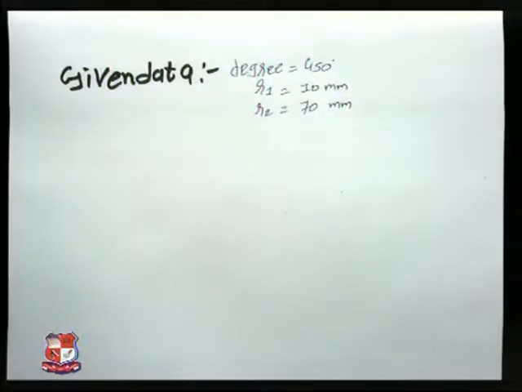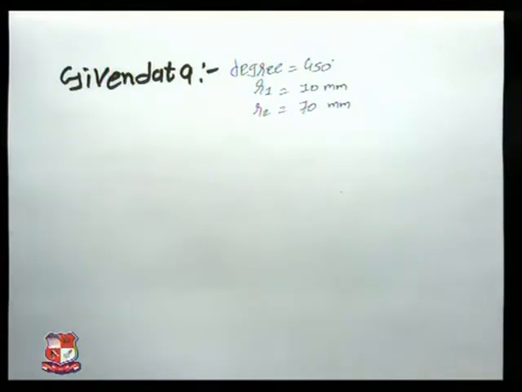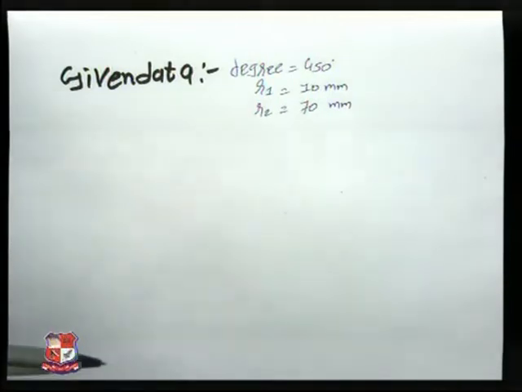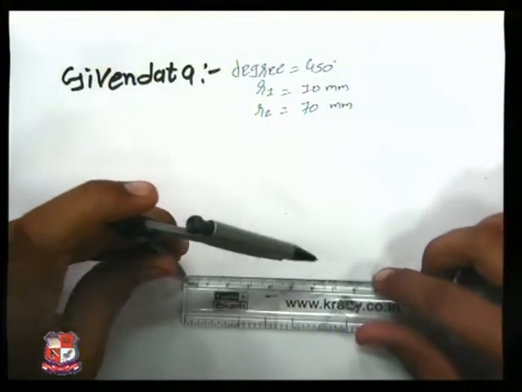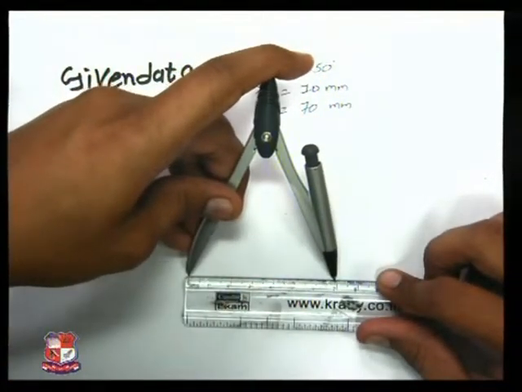First of all, we will draw a circle of 70 mm radius.